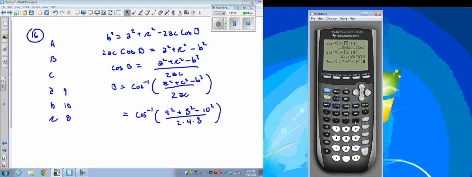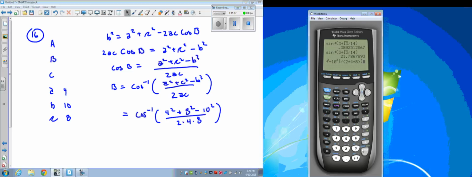Divided by, now we're going to have to bracket that bottom too, so that the whole thing stays in the bottom. Otherwise, it'll divide by 2 and then multiply the result by 4 times 8, right? So we better put a bracket. 2 times 4 times 8. We close that bracket, and then we got a bracket again, right?